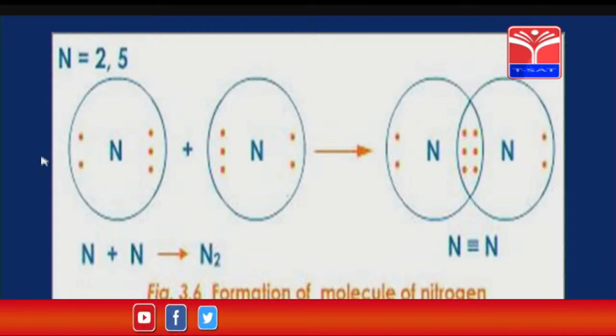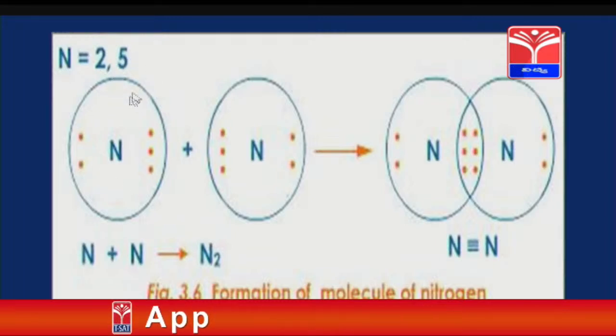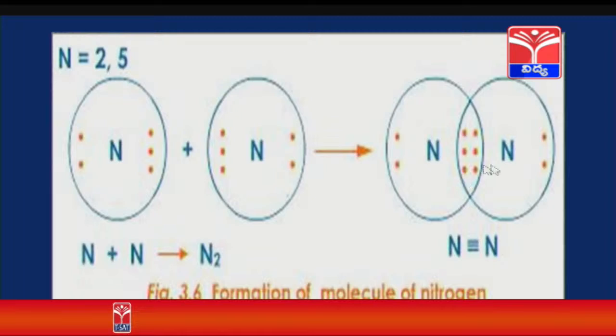How many more electrons does it require to attain octet configuration, children? It requires 3 more electrons. As it has only 5, it cannot lose all the 5. So, it requires 3 more electrons to attain octet configuration. So, both the nitrogen atoms come closer. When they combine with each other, each nitrogen atom is contributing 3 electrons, and thus they are sharing 3 pairs of electrons.